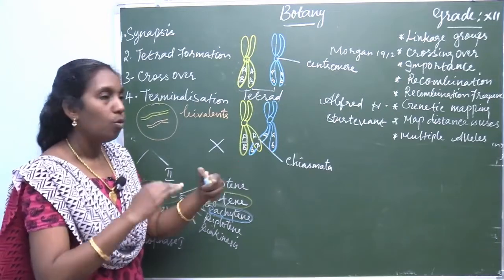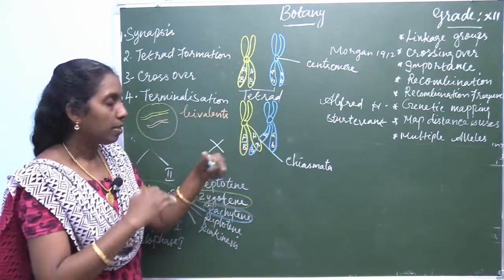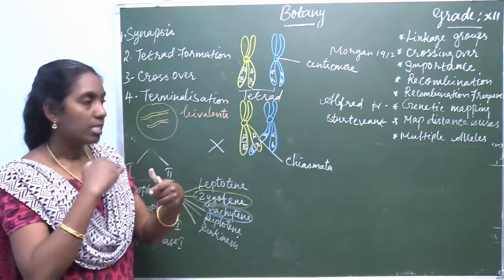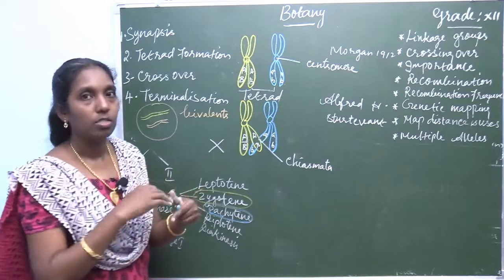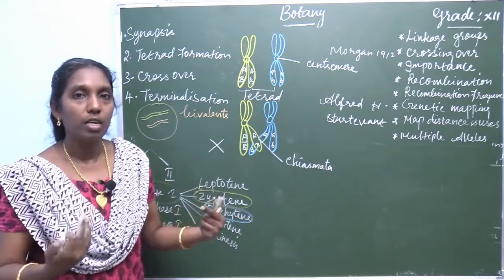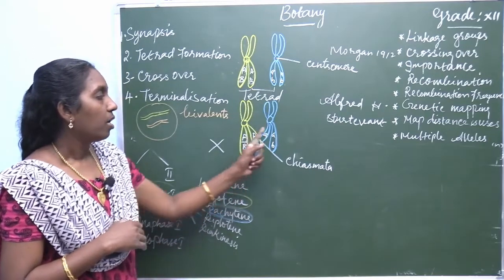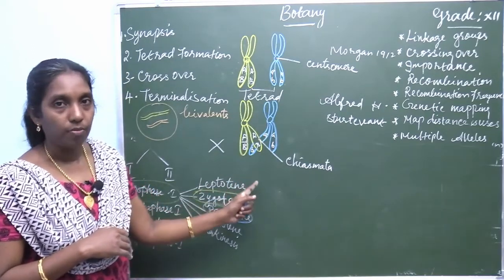There is a break at the point of chiasmata, the segments break and exchange. So breaking and rejoining of genes takes place at the time of crossover.